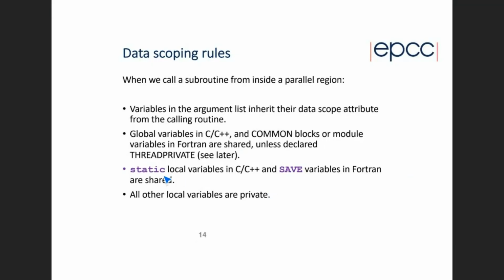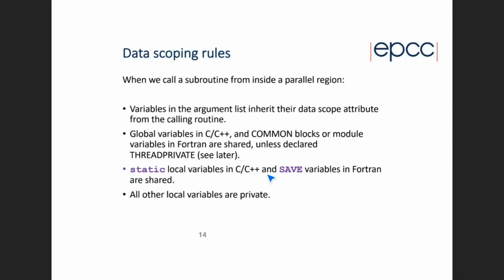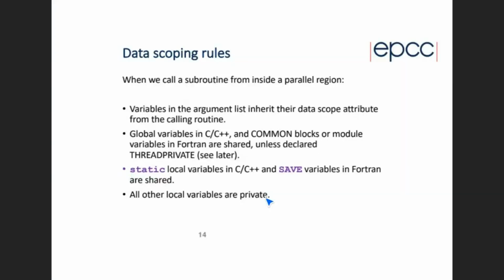If they are static in C or C++, or if they have the save attribute in Fortran, then they will be shared. But all other local variables declared inside the called routine are private. So there are these extra rules that determine when things are shared and when things are private.